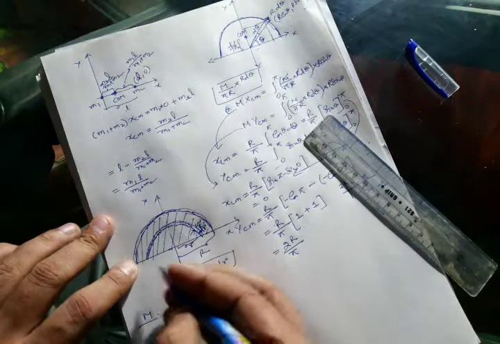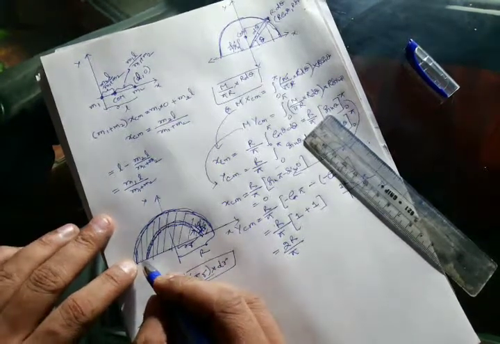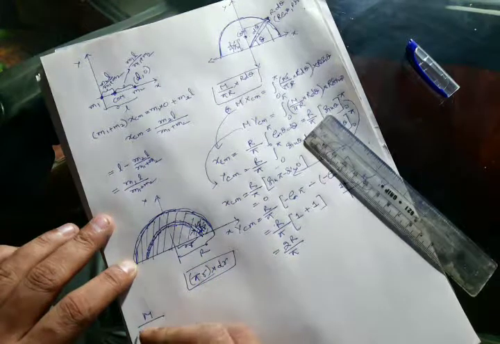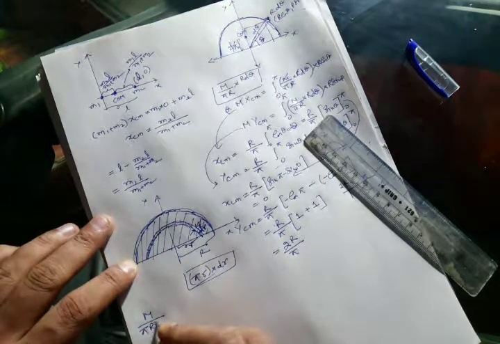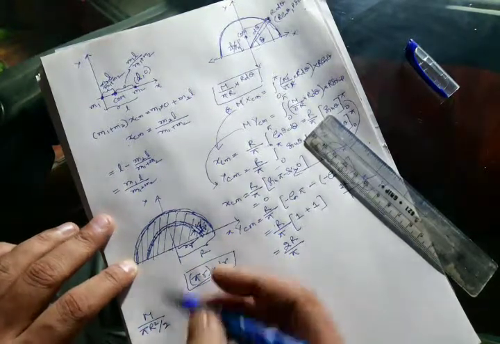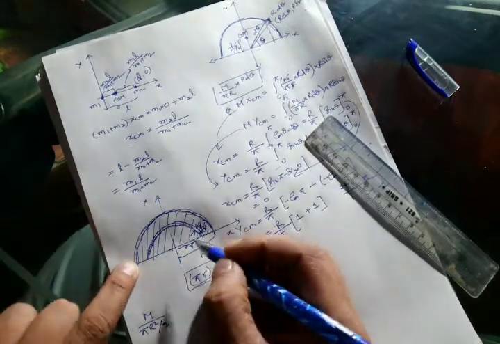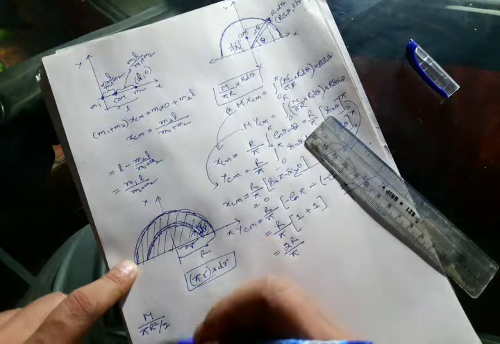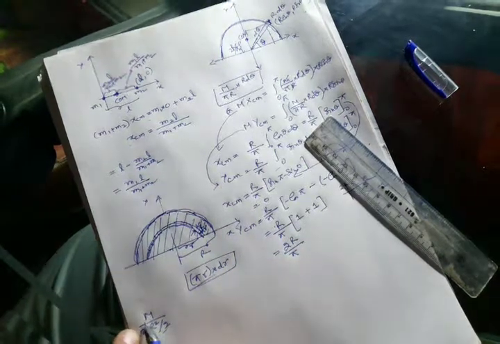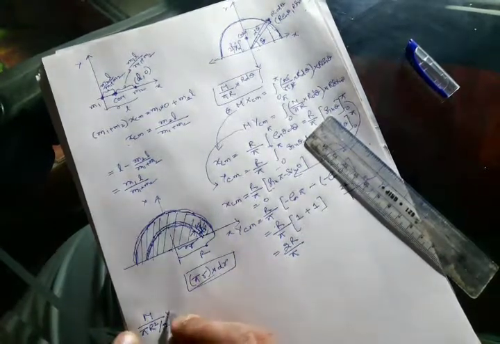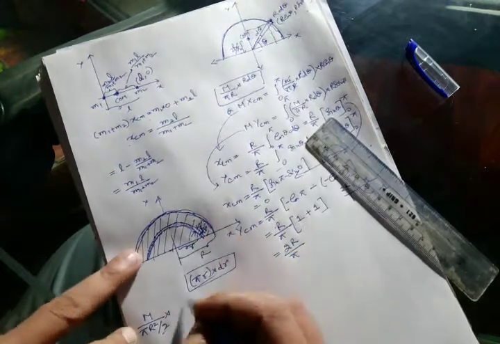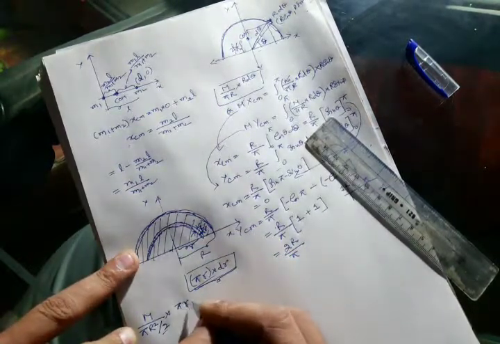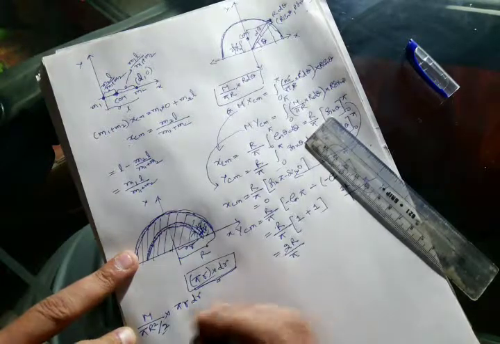For the whole disk the area would be pi r square, but it's a semicircular disk, so it will be pi r square by 2. So I am dividing, and the mass for this small ring will be m over pi r square by 2 times the area, pi r dr.